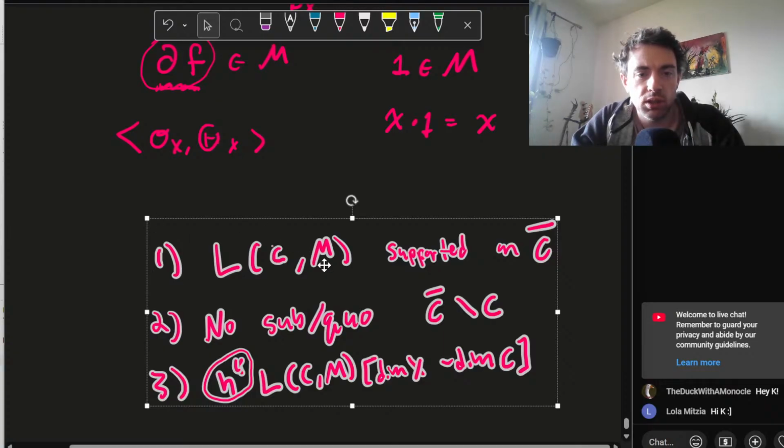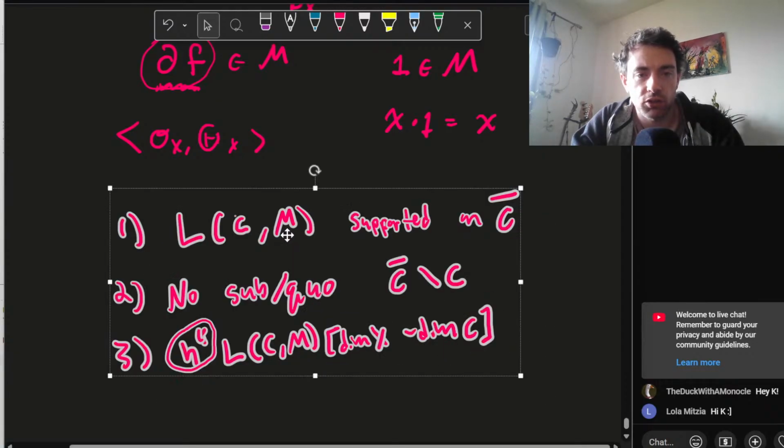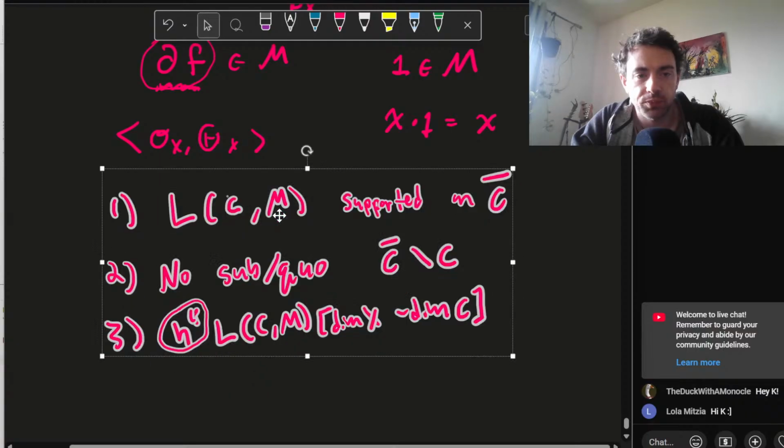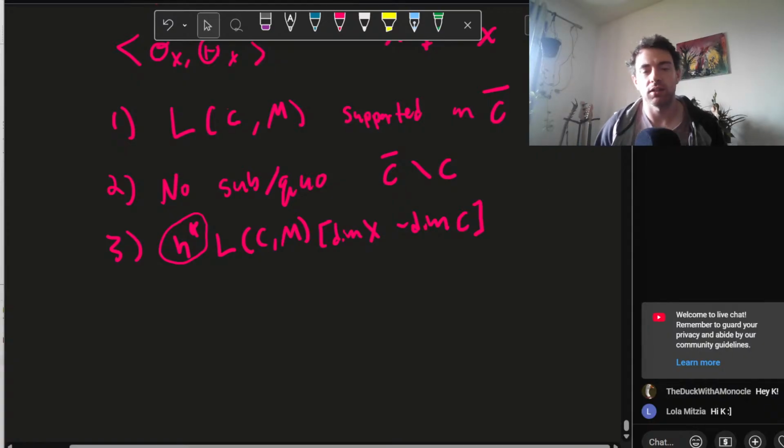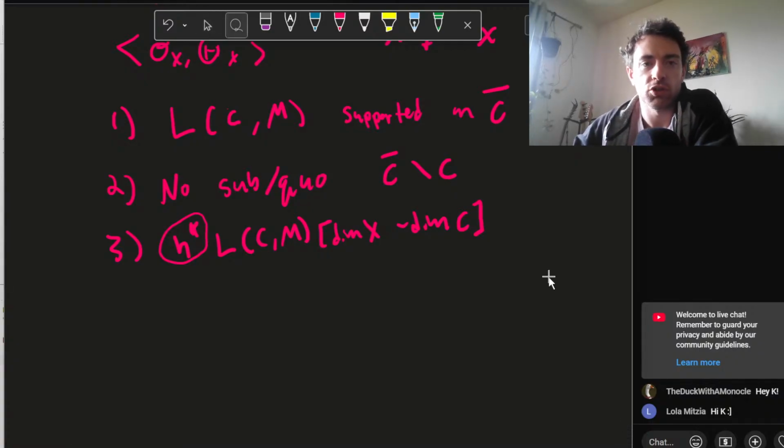I'm very confused because I thought these minimal extensions were always simple D modules. But maybe... I see. Okay, here's what I think is going on. The minimal extension can actually be applied to any D module, so it's not necessarily simple. So you do need condition 2 in general.